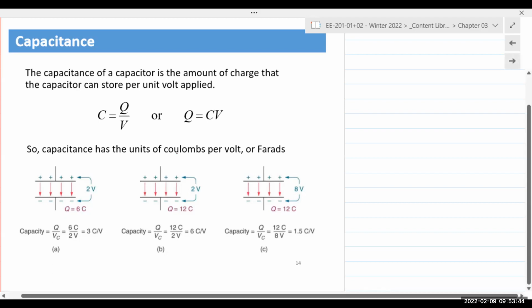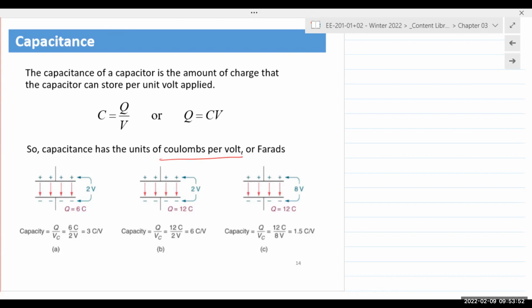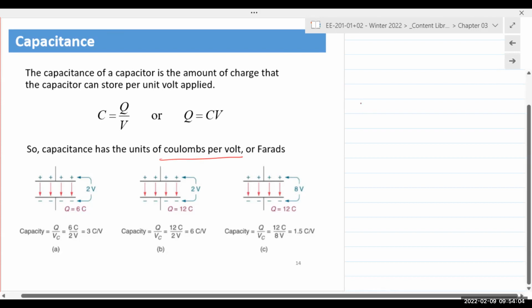So capacitance has units of coulombs per volt, but named after, who is it named after? Faraday, Michael Faraday. 1 farad. 1 farad is a huge amount of capacitance. Typically, real life capacitors are in microfarads or lower.